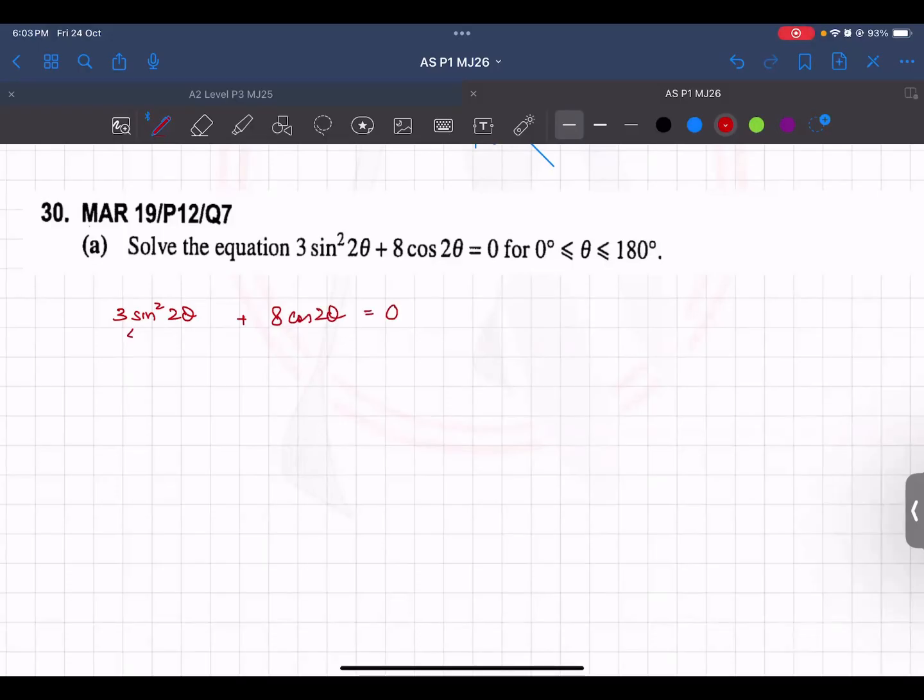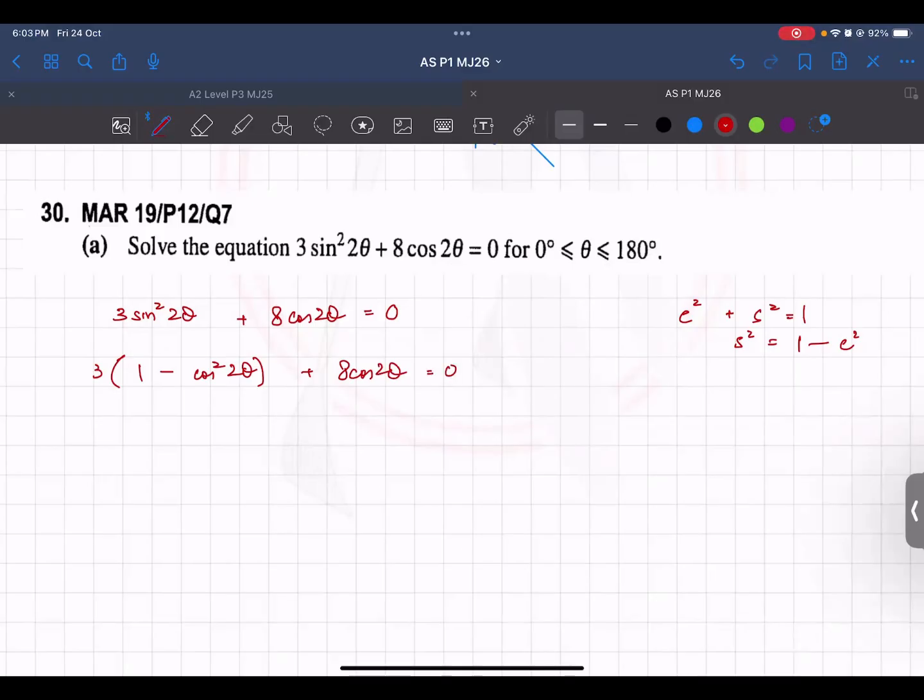So the problem is you have sine over here, you have cos over here. So you have to somehow use the identities and then bring it into any one of them, which I can see we have cos square plus sine square is equal to 1. So sine square I can replace with 1 minus cos square. So 3 sine square 2 theta I can replace with 3 times 1 minus cos square 2 theta plus 8 cos 2 theta is equal to 0.